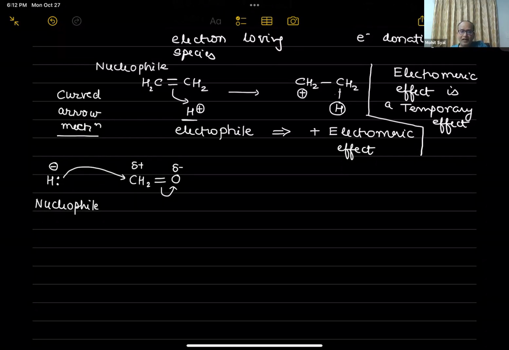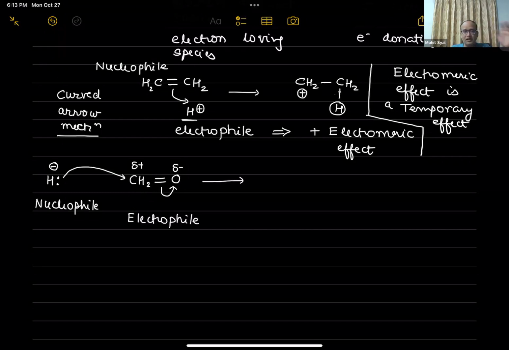And the carbon is getting electrons from the H. So this carbon is acting as an electrophile. An electrophile cannot work in isolation, it needs a nucleophile. Similarly, a nucleophile also cannot work in isolation, it wants an electrophile. The whole thing can be depicted silently, without saying a single word, with the help of the curved arrow mechanism.